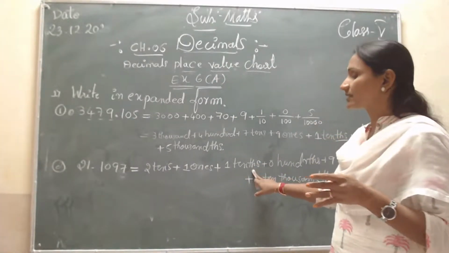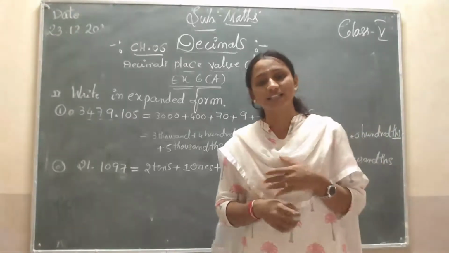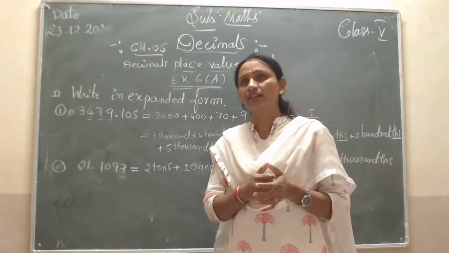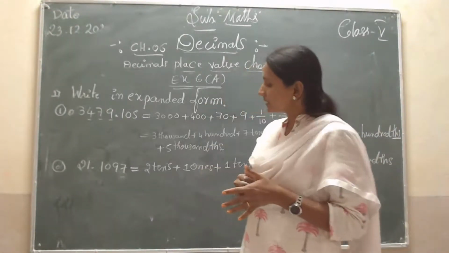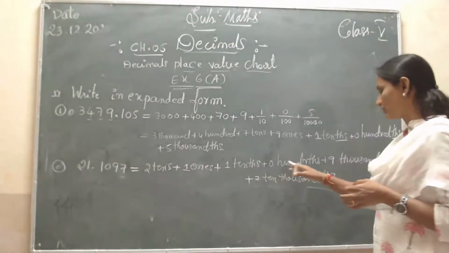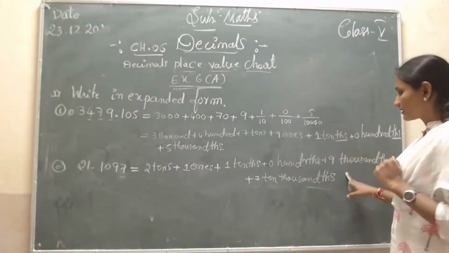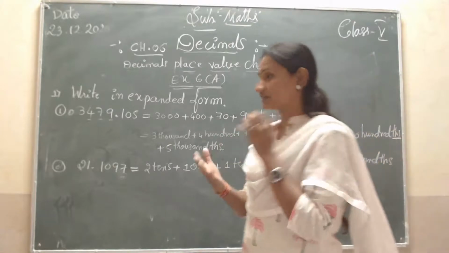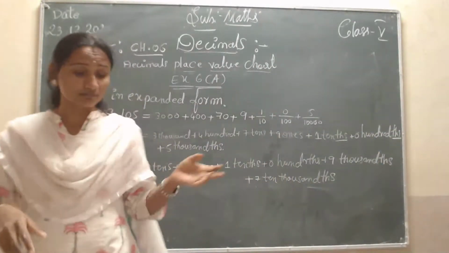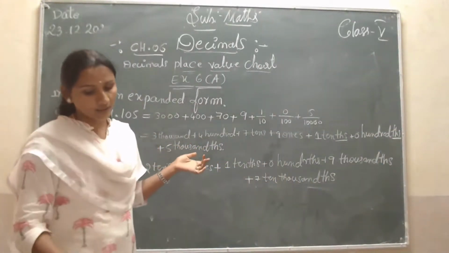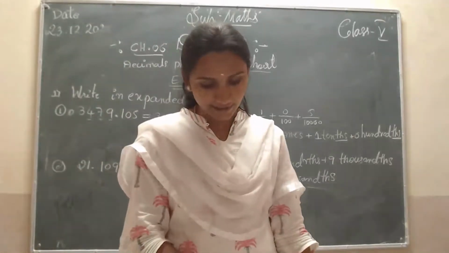So 1 is the tens place, because 1 by 10. Next, 0 is hundreds, 9 is thousands, and 7 is 10,000. So this is the method of the expanded form in this exercise.